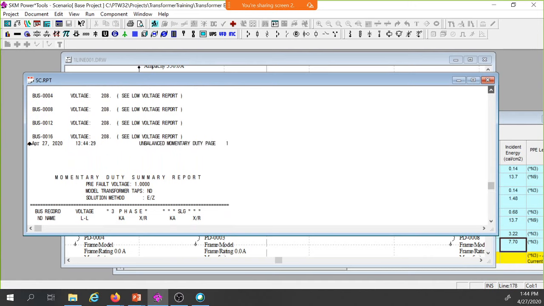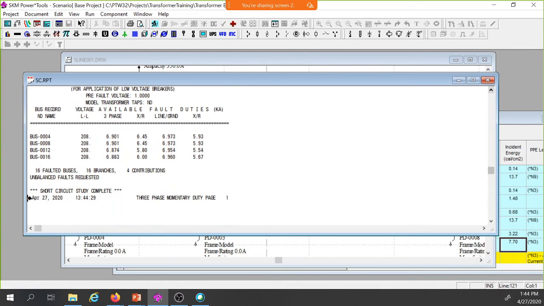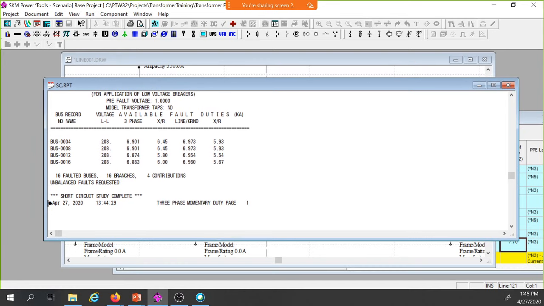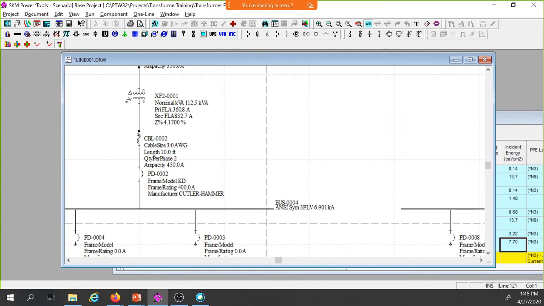Those are voltages. Here we go. Yep, bus 4, 208 volts. I'm at 6,900 amps, 3-phase. All right. My X to R is 6. So my X to R is looking okay. I don't want to be greater than 6.5 for my breakers. So that's looking good.